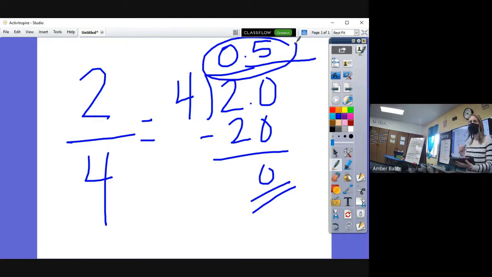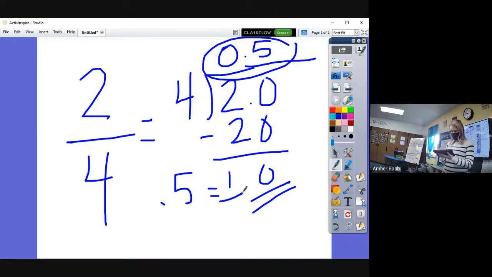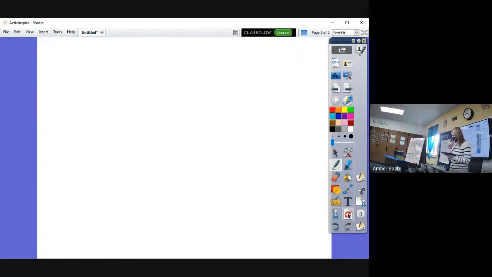So think about this. You guys were able to see that 2/4 is half. If I have a 5 in the 10th spot, 5 out of 10, is that also half? Yep. All right, so 5/10 is the same as 2/4, which is also the same as 1/2. All of that you guys saw, okay?